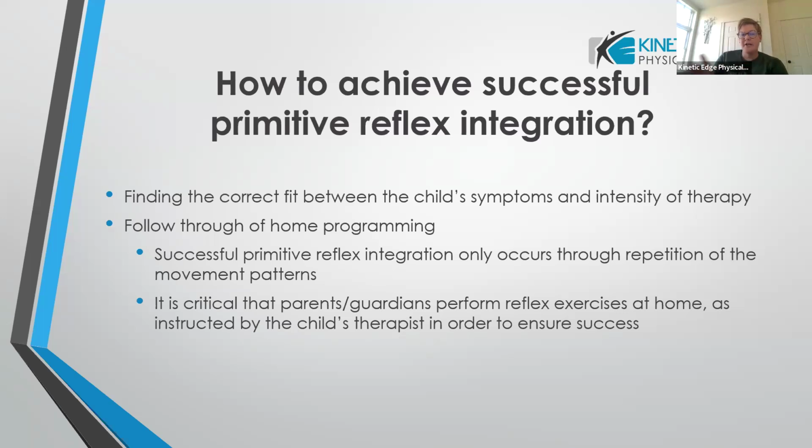Is there a correlation between this reflex being present and the functional ramification of that? That's going to help determine how intense the home program is going to be and how intense the therapy needs to be. And then following through with the home program is really, really important.